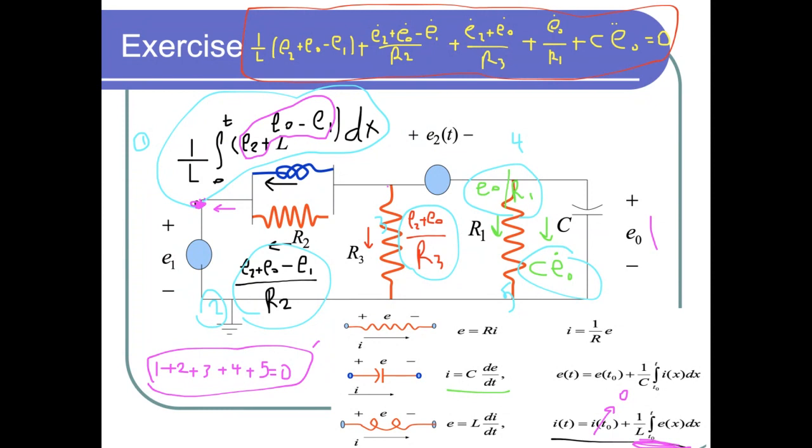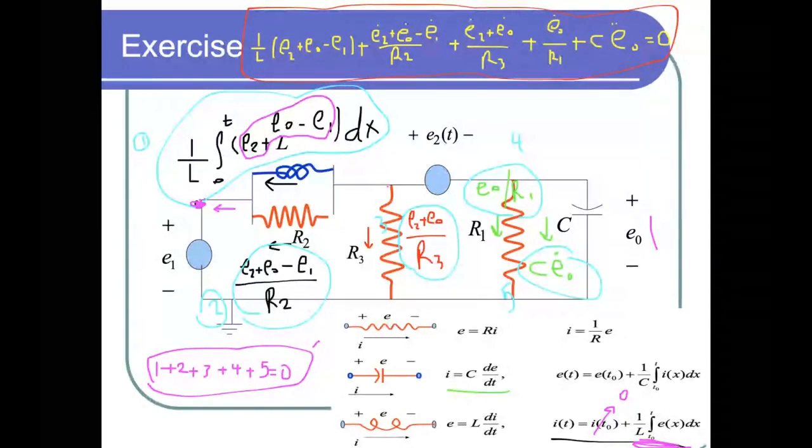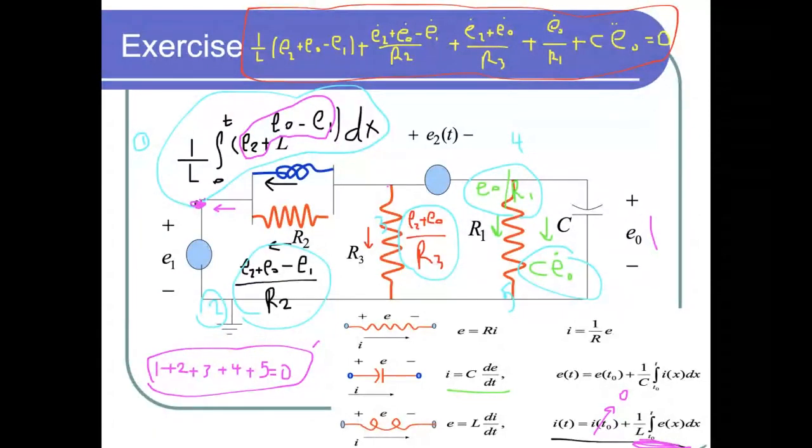Is it clear? Any questions? Okay. If it is clear, then we can move to the next point.